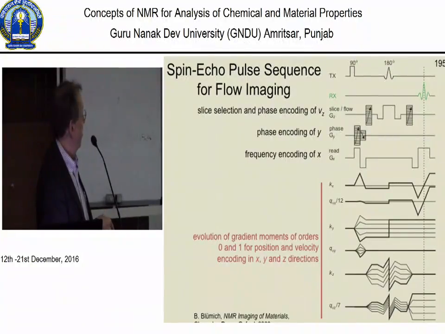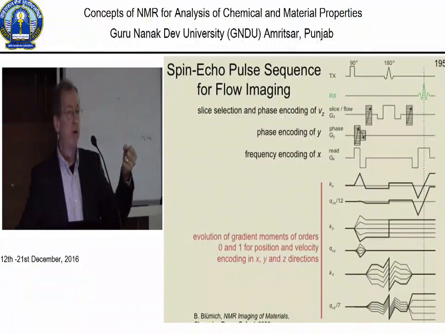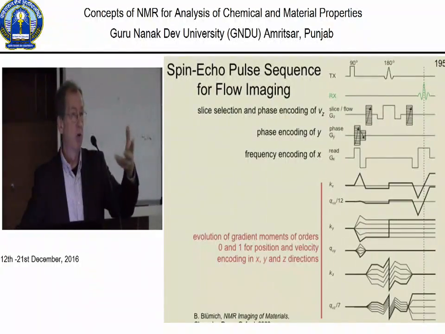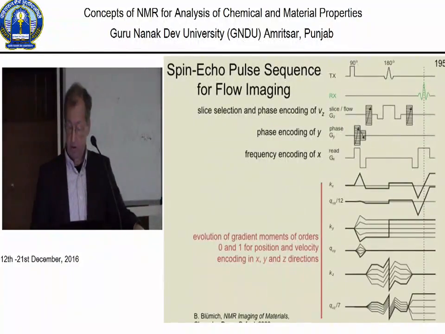So it changes linearly. And the z direction is 0 in space, and the velocity in z direction is non-zero, so the qz is non-zero, and it changes during detection. So you have to make sure during detection those q and k values change that you want to modulate with, that you want to retrieve information from, and the other ones are 0. And this is the trick in designing pulse sequences.